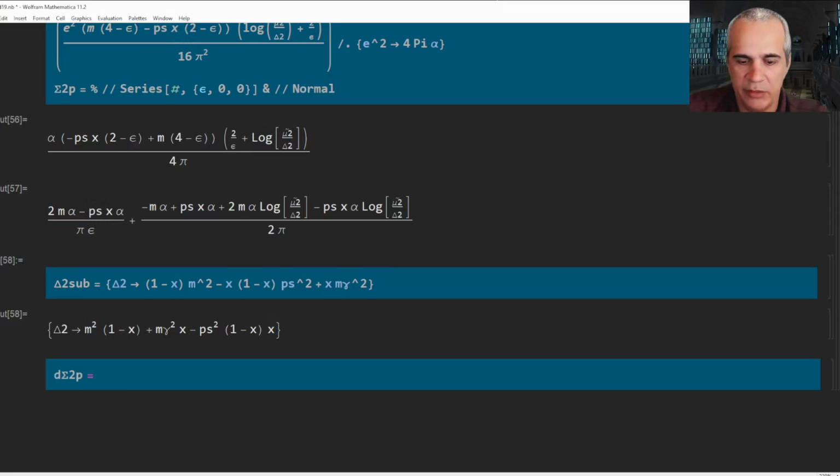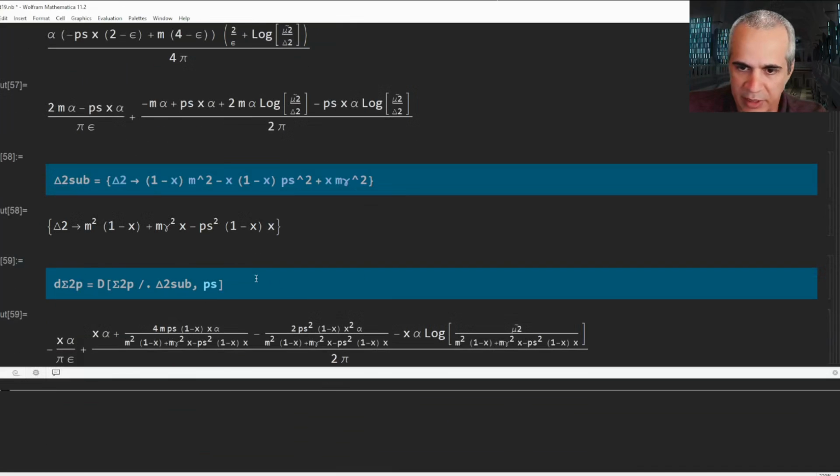This will be just the derivative of the first one. Of course, substituting delta 2 with this substitution rule, because there's also a p slash here. I have to substitute before I differentiate in relation to p slash. That is the expression.